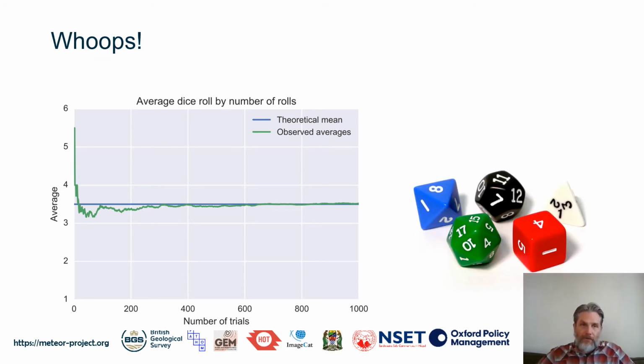But what happens when you've got bias in your results, so that the theoretical mean is nowhere near what you're dealing with in reality? Unfortunately, this type of bias happens all throughout the exposure development process.